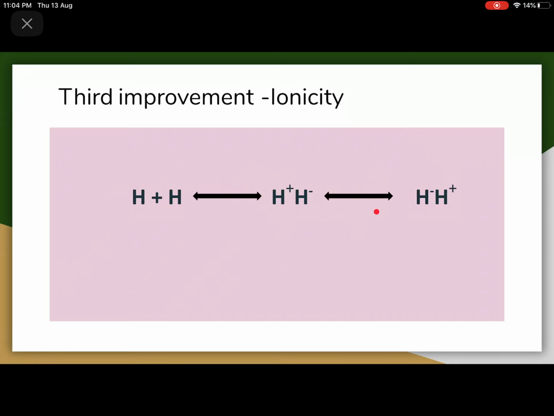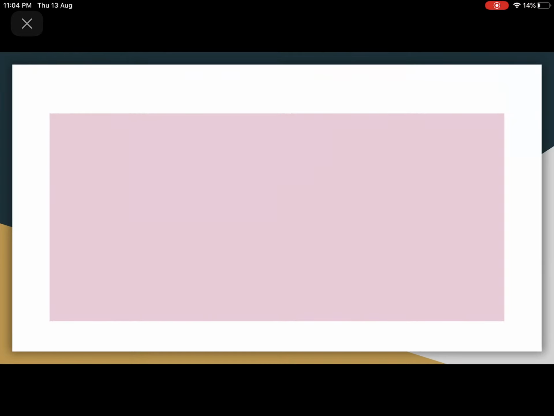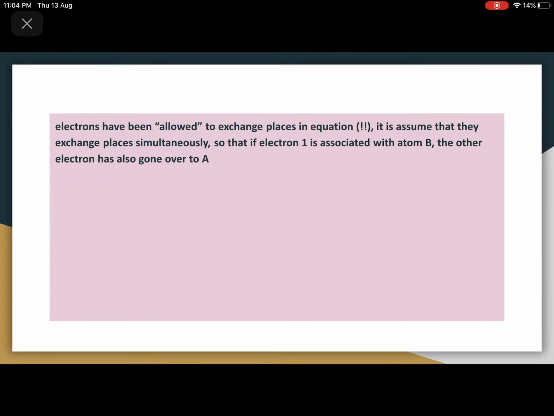So this is ionic bond. Electrons have been allowed to exchange places in equation 2. It is assumed that they exchange places simultaneously, so that if electron 1 is associated with atom B, the other electron has also gone over to A.